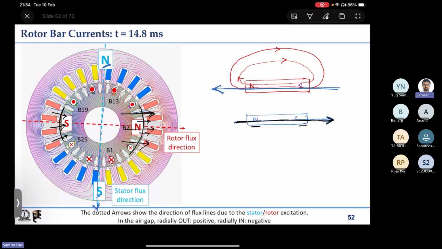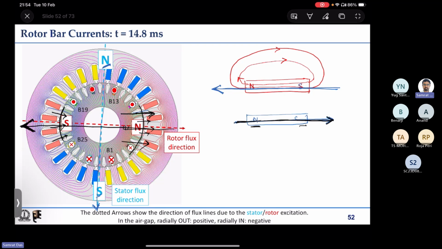If we follow that, then north to south becomes our rotor field direction.